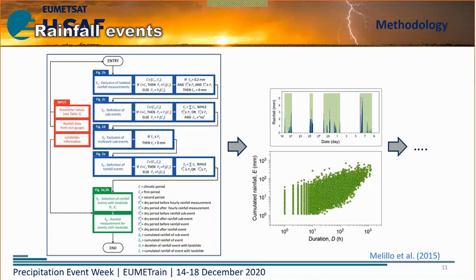To test the capability of these products, we constructed ED thresholds for each satellite product by using an algorithm developed by Melillo et al., with which we are able to extract from the rainfall time series different rainfall events.